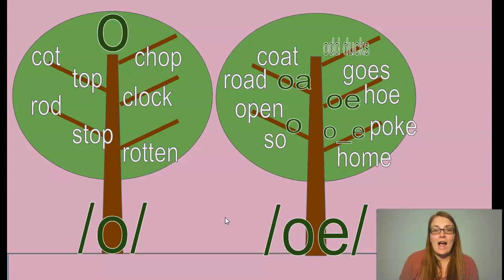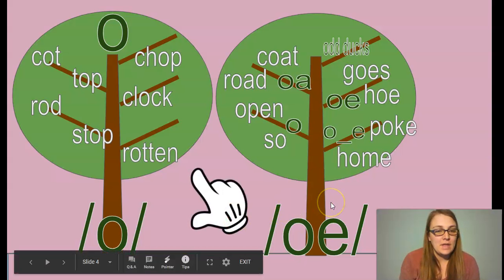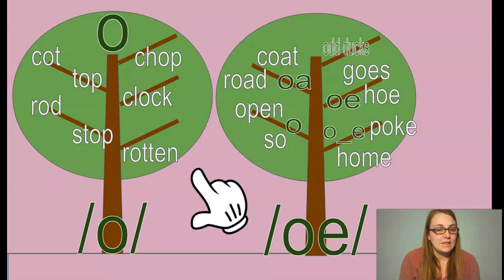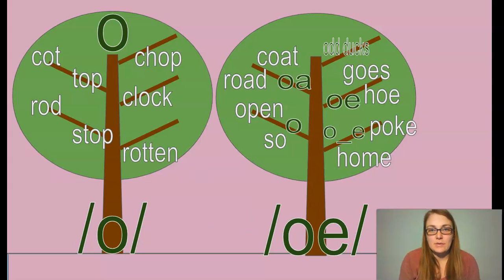First word, hot. That's an ah. Next, cot. Also ah. Next we have road. That's an O. Clock. That's ah, it's even on the tree.